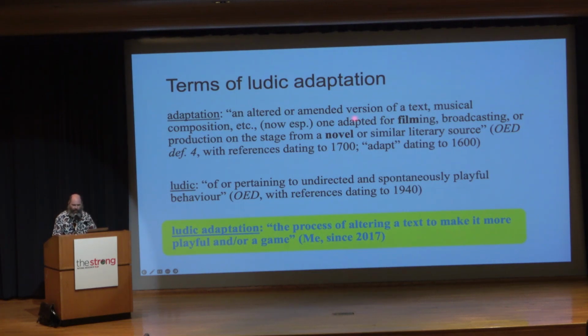I would say probably up until the 1960s or 70s, the standard emphasis in adaptation studies in an academic sense was either adapting Shakespeare to screen or adapting a novel, especially period pieces, to the screen. So novel to film adaptation really dominated the mid-20th century, at least from an academic perspective.